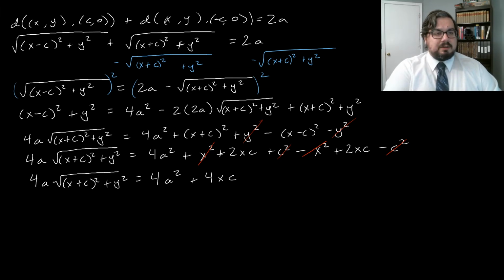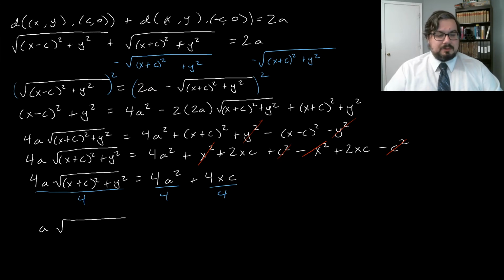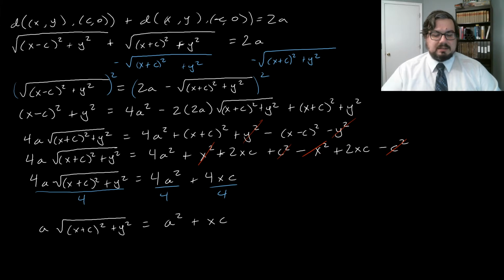Now from here, in order to simplify things a little bit, we'll go ahead and divide every term by 4 to get a times the square root of (x plus c) squared plus y squared equals a squared plus xc. Now we can square both sides again in order to eliminate the last square root expression.